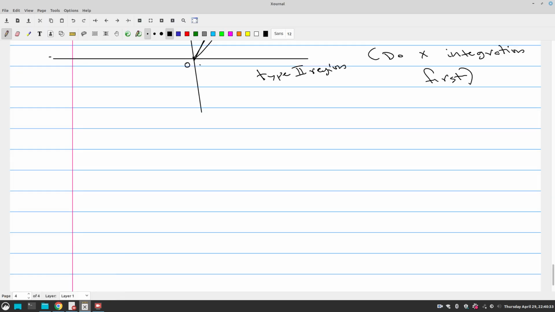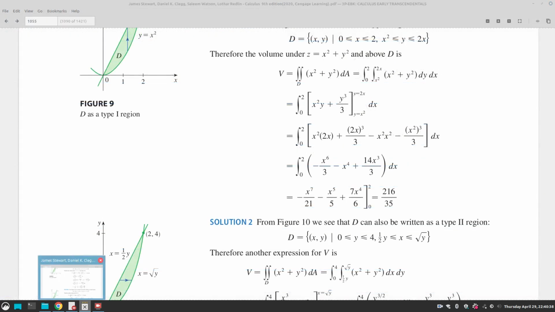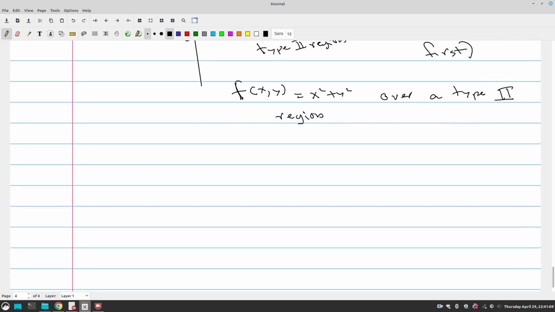Now the question is, what happens if we integrate x squared plus y squared over a type 2 region? Let's see if we get the same answer.